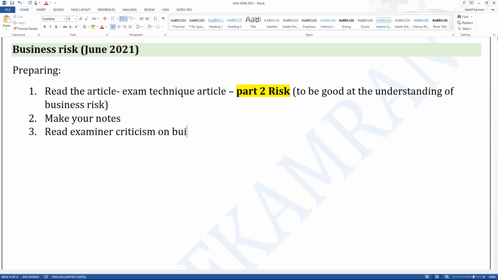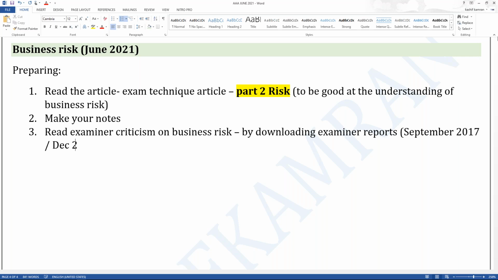You will read examiner criticism on business risk by downloading examiner reports, the September 2017 examiner report and the December 2018 examiner report, because these are the two recent instances where business risk was published by ACCA and it's available.